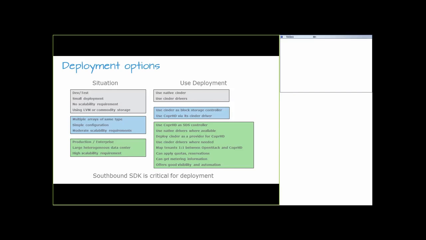The first case, in a simple environment, you will still use the current Cinder with its own driver. Right? You will go to the next stage, the blue one, where you will use Cinder but use CoprHD with its Cinder driver. No. Okay. It's too complicated. Sal doesn't want that middle state, right?